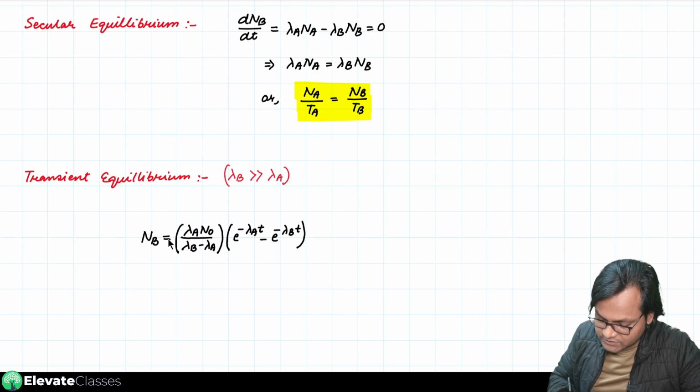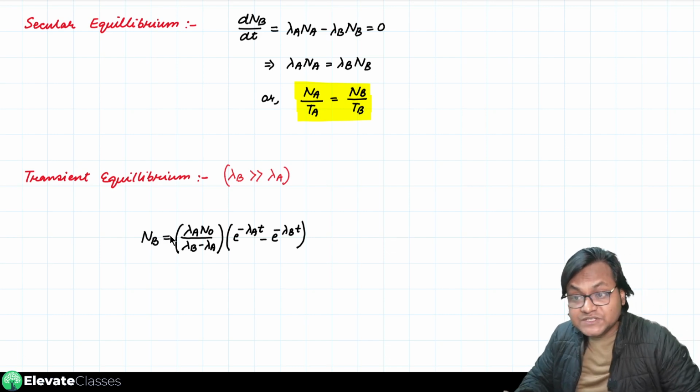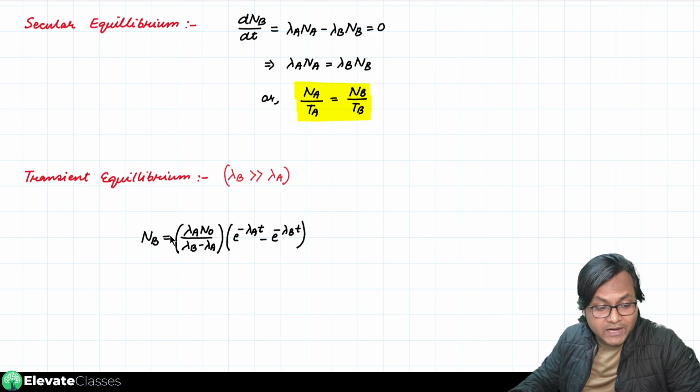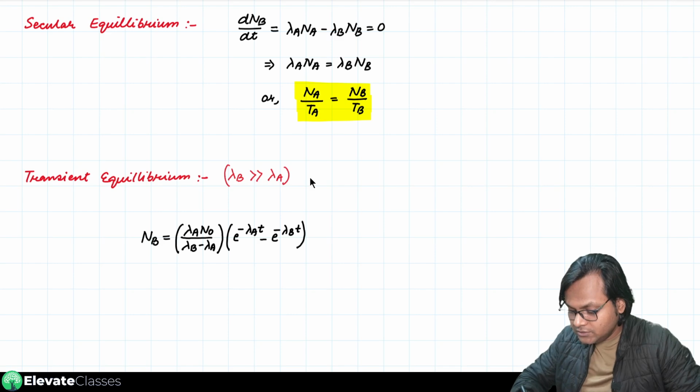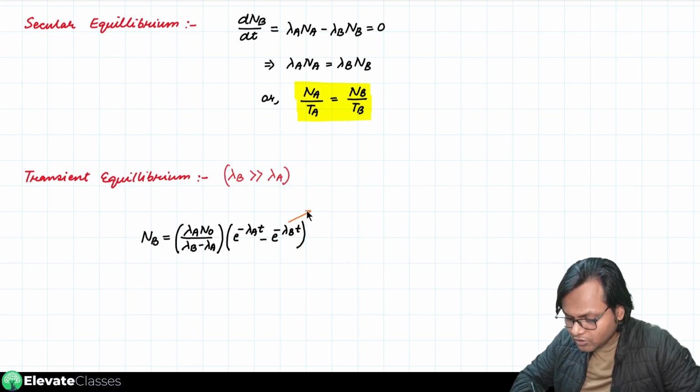What happens to this? If lambda B is very, very large compared to lambda A, this expression approximates to 0.